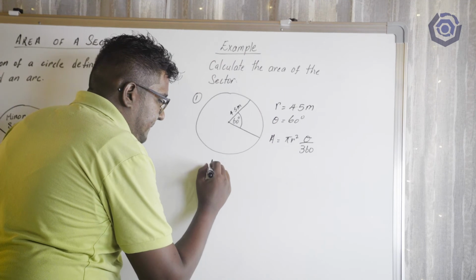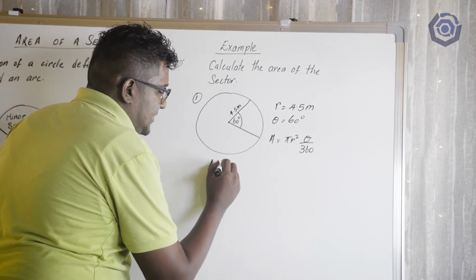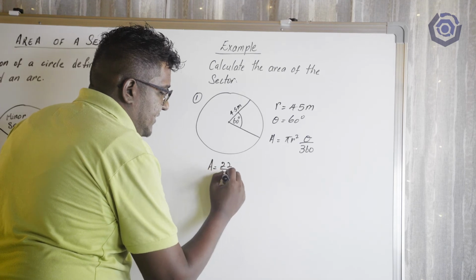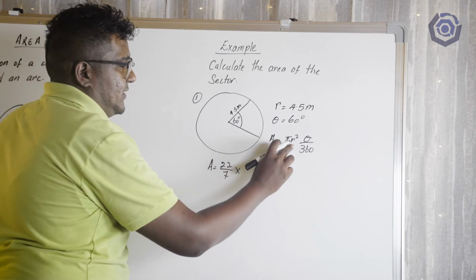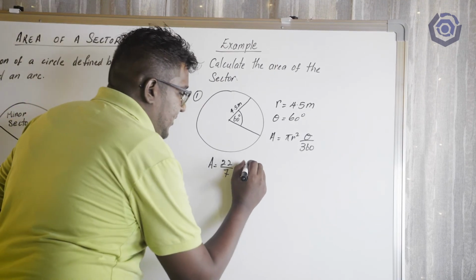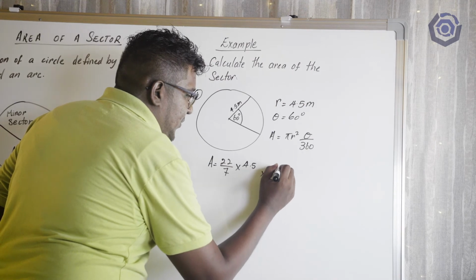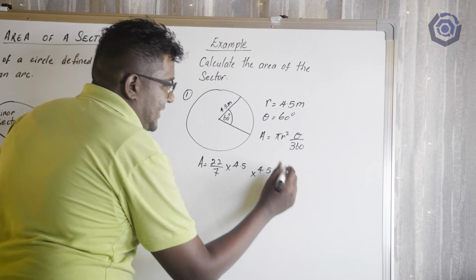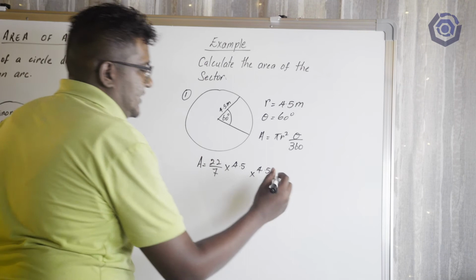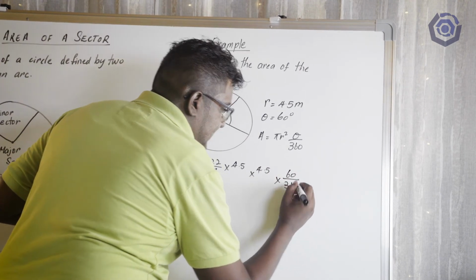So A is equal to pi, which is 22 over 7, multiplied by the radius squared. That means the radius 2 times. So that's going to be 4.5 multiplied by 4.5 multiplied by theta, which is 60 over 360.